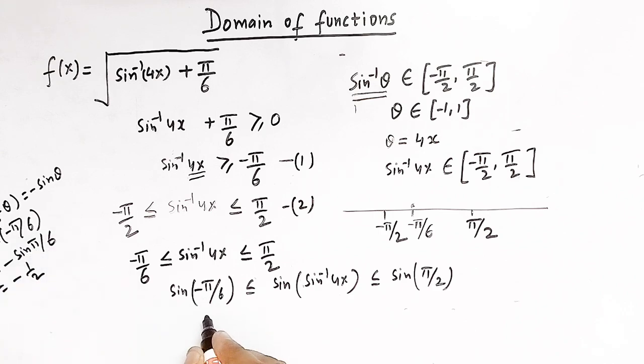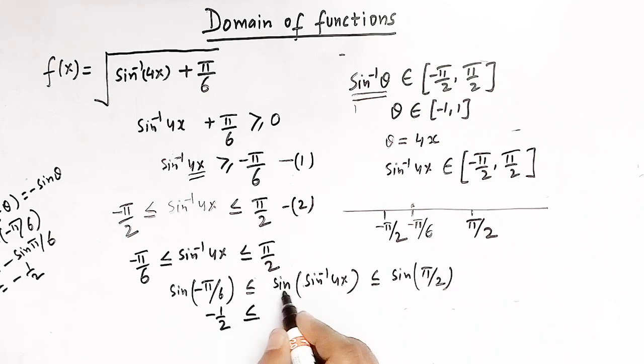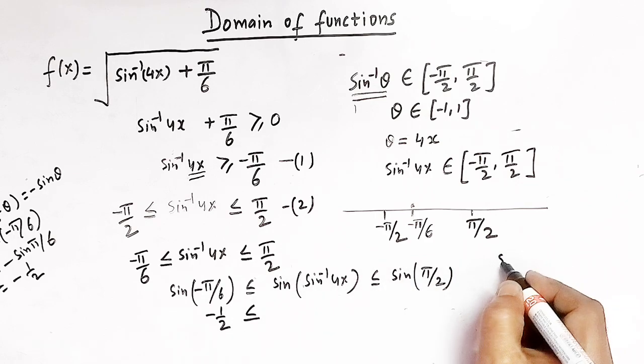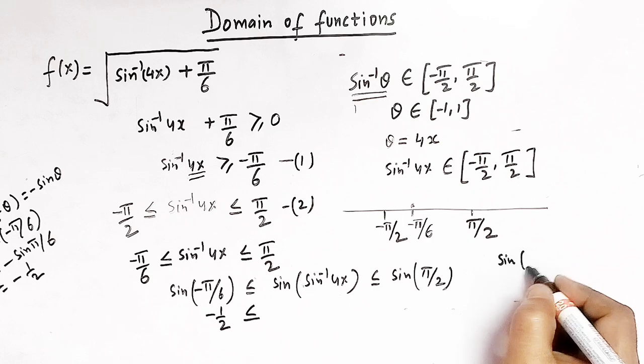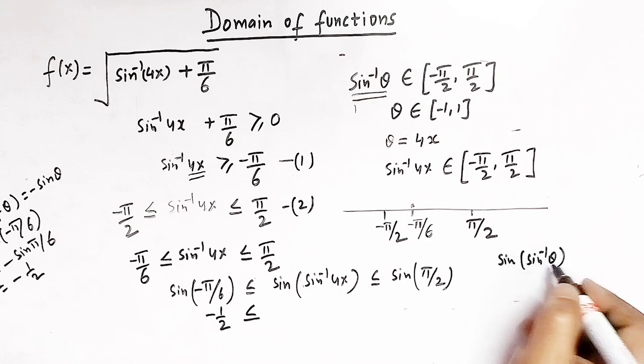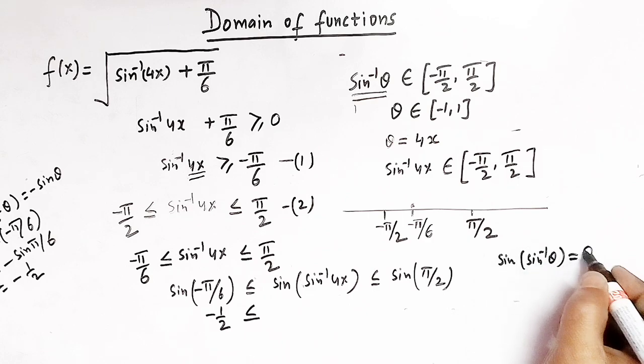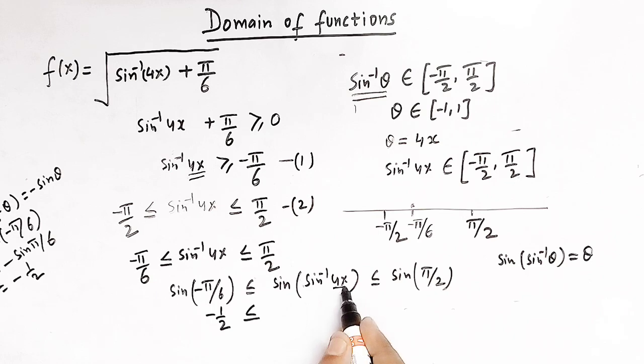So here we have minus half, and here using an important property of inverse trigonometric functions, that is sine of sine inverse theta is equal to theta, right? So here for theta we have 4x. So here we have 4x, and sine pi by 2 is 1.